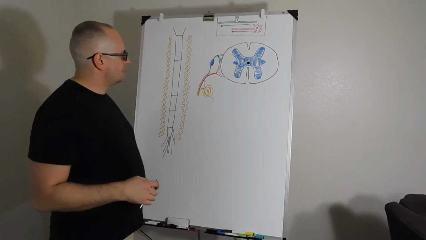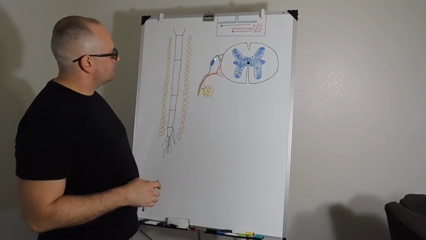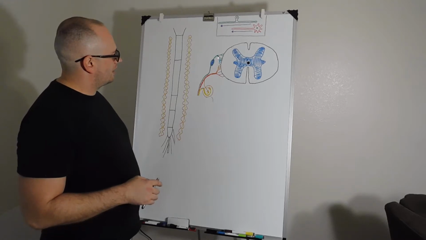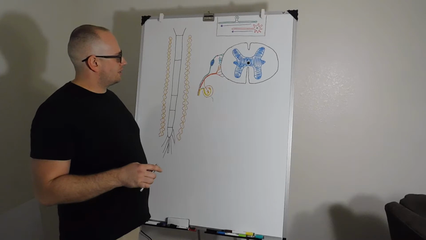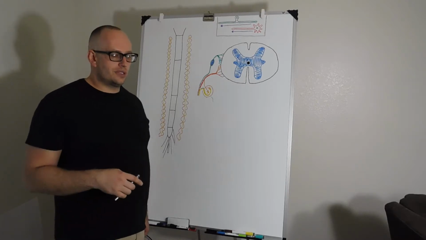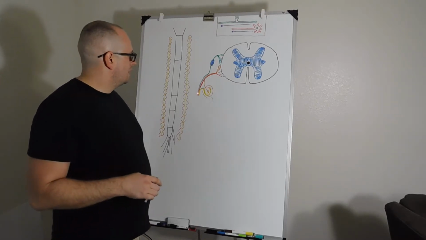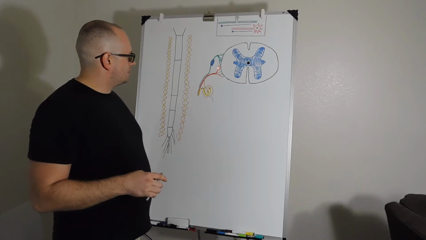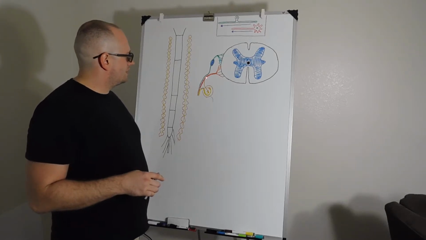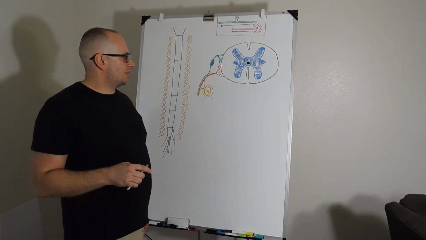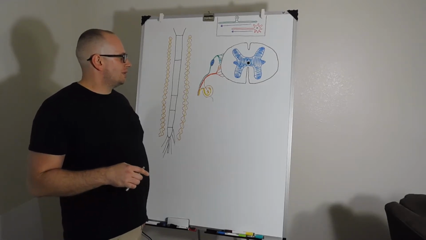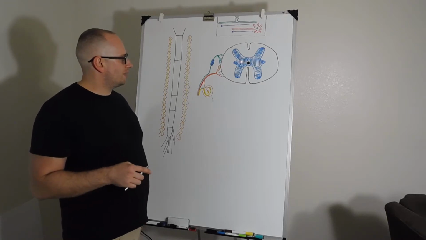In this scheme here, I showed blue on the inside, a bluer color, for information going this direction. It's sensory, visceral sensory information. And this part here is your efferent autonomic information, I shouldn't say just sympathetic, that's going out. The motor is going from the gray matter and then coming out.